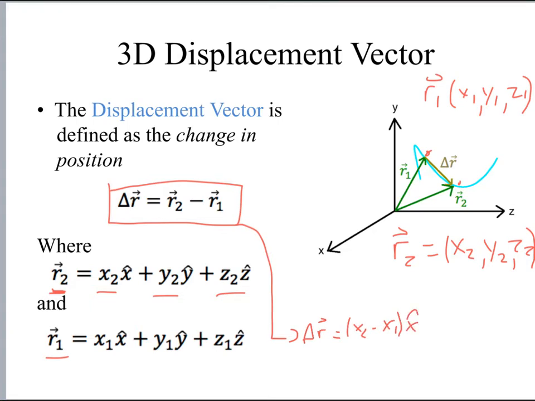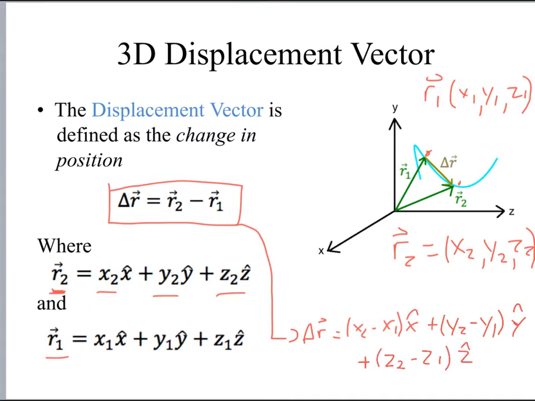And then we'll have the same thing for the y hat direction, so that would be plus y2 minus y1 in the y hat direction. And then we'd also have the final case of z2 minus z1 in the z hat direction.